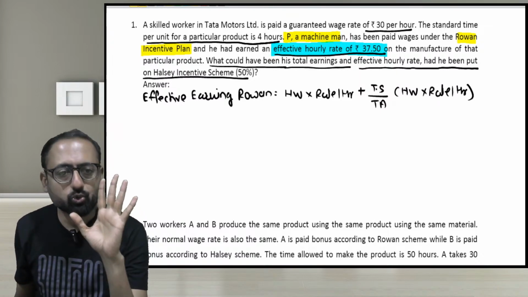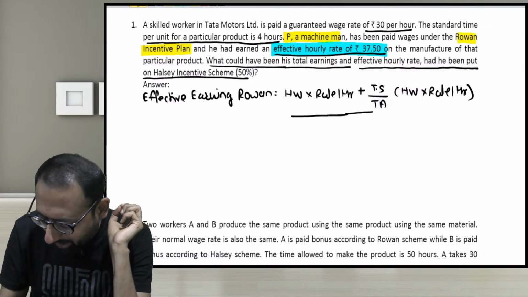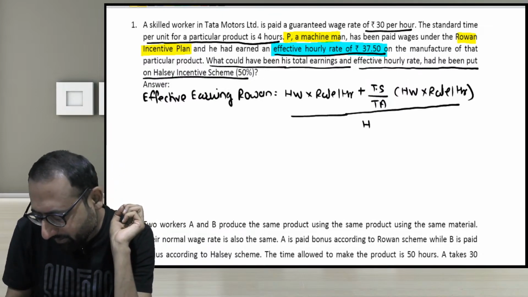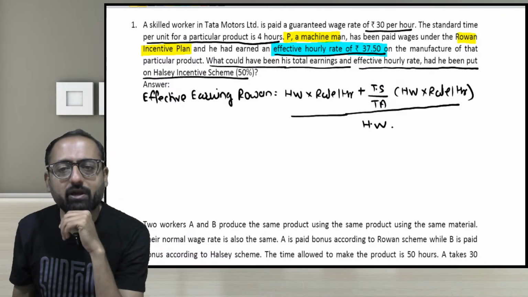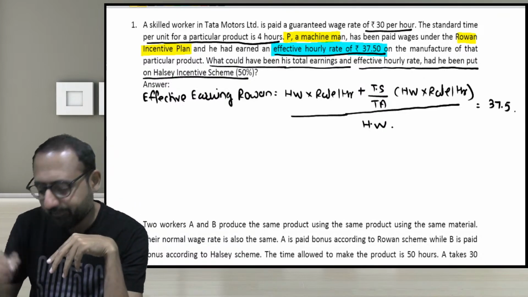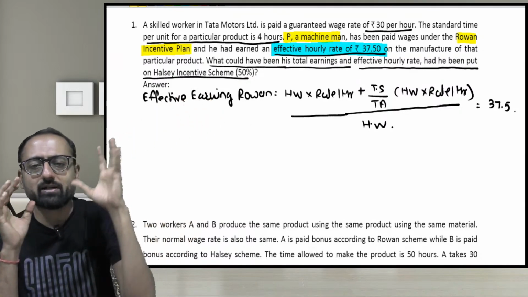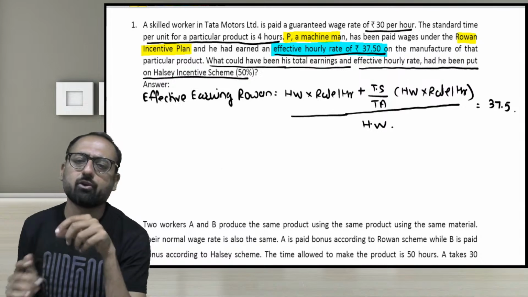So this is your total earning formula. Everything will be divided by hours worked, and this answer is 37.5. It is given in the question that effective earning under Rowan is 37.5. I have written this for you.